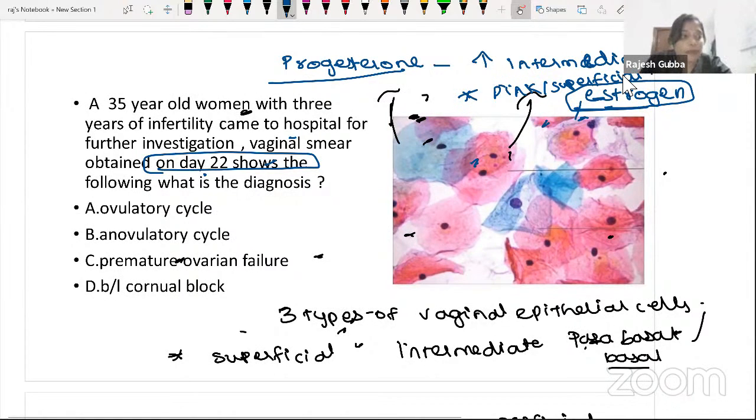If you have more estrogen on day 22, is it an ovulatory or anovulatory cycle? Excellent, Vishal. This is an anovulatory cycle. So this smear on day 22 is showing an anovulatory cycle.